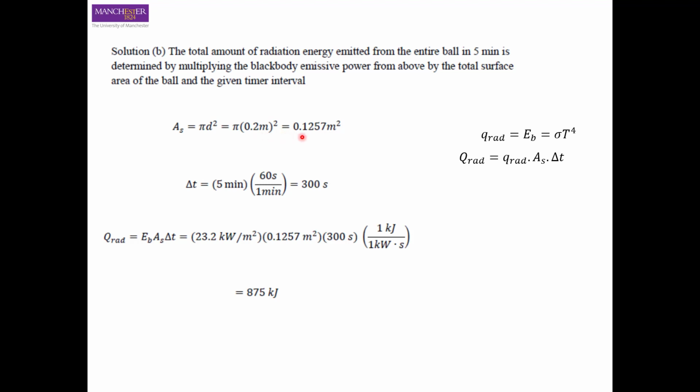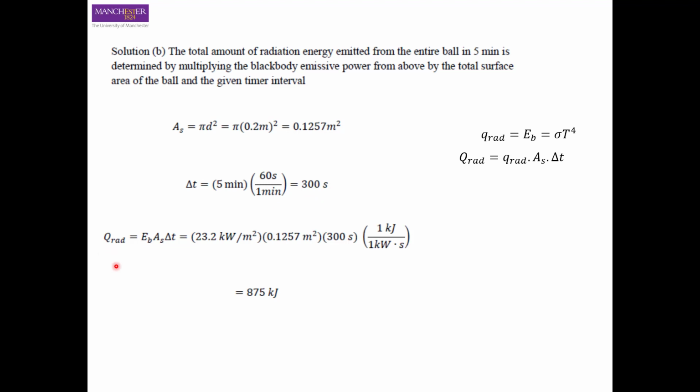If you take the square of it, the area would be 0.1257 square meter. In terms of time, we have 5 minutes, so we need to convert it into SI units of second. So we have 5 minutes times 60, because 1 minute has 60 seconds, and we get 300 seconds. Okay.